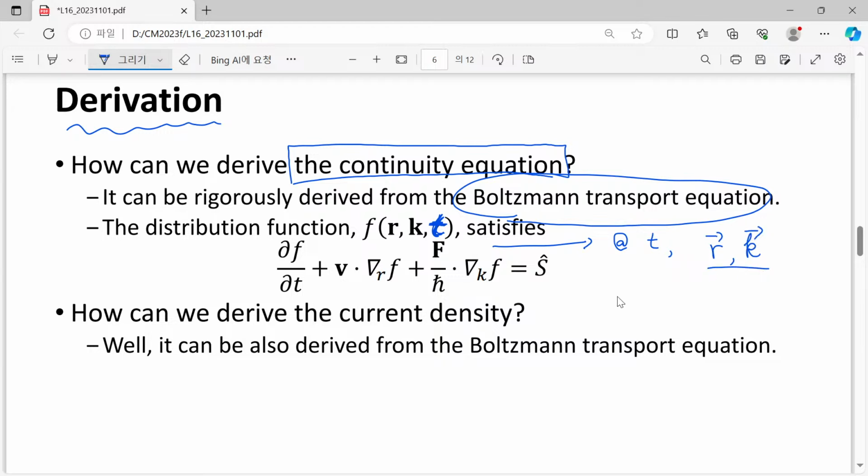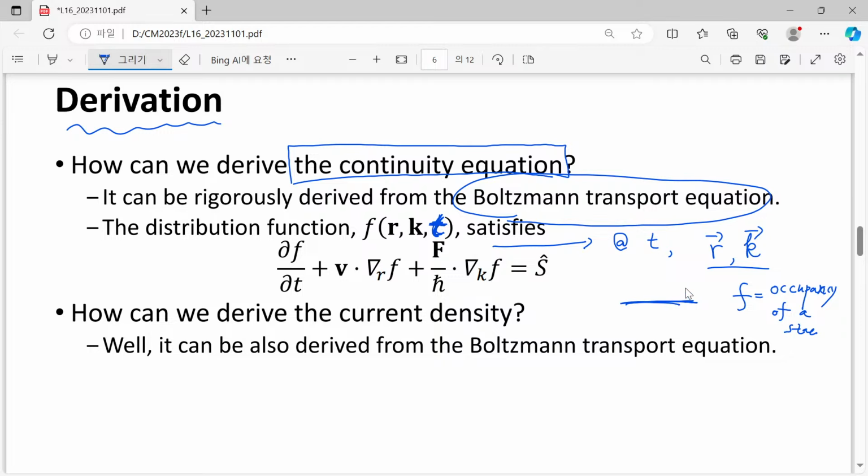Let's say that there is one electronic state. Then this distribution function describes the occupancy of a state. Okay, are you with me?